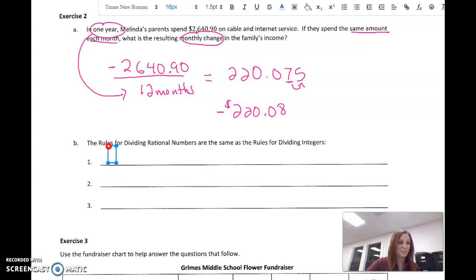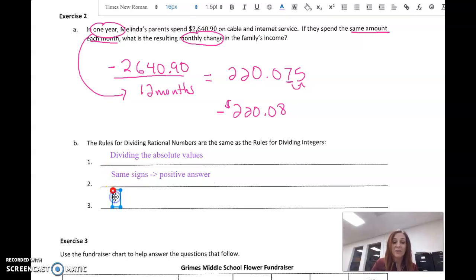No changes. You're going to start by dividing the absolute values. And all that means is just ignore the signs and just divide, like I did in the calculator. 2,640.90 divided by 12. Just ignore the signs. Then, once you get your answer, if they have the same signs, it's a positive answer.